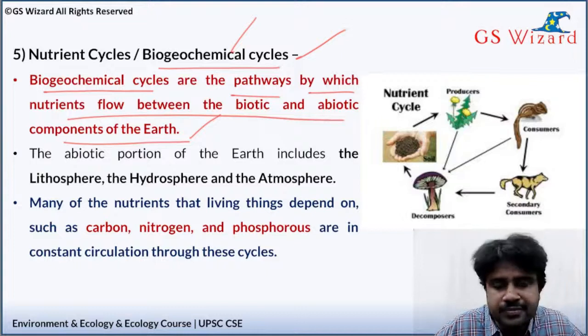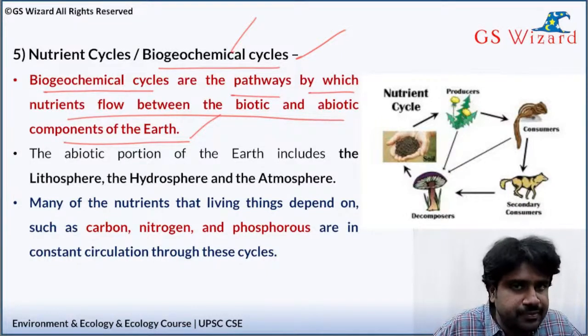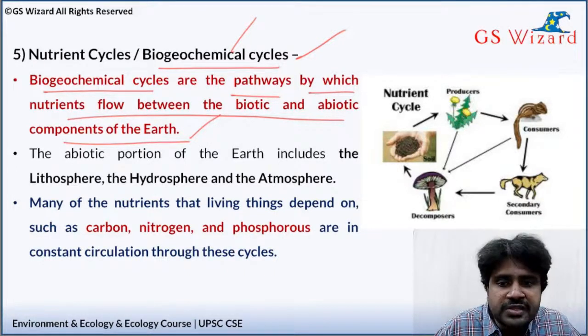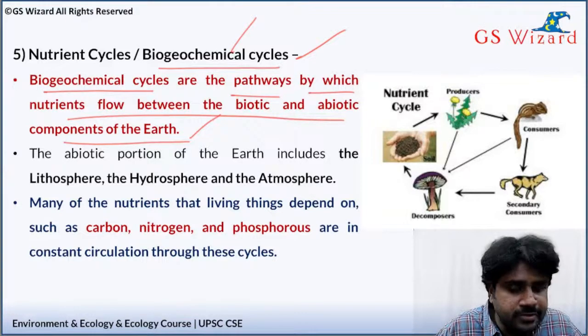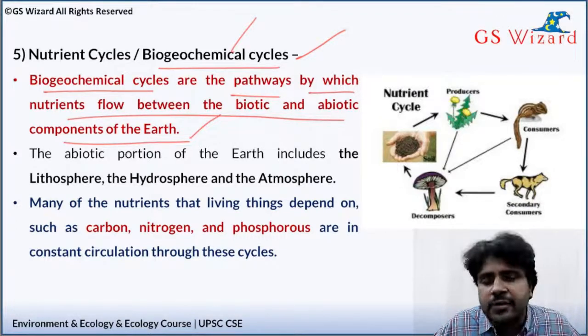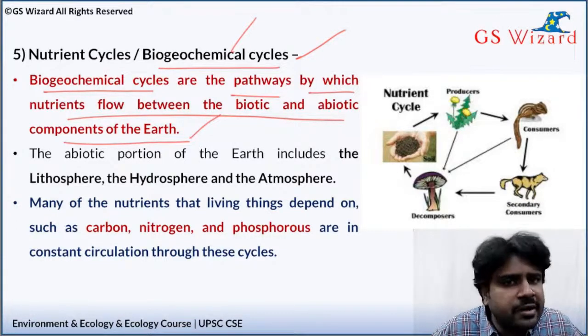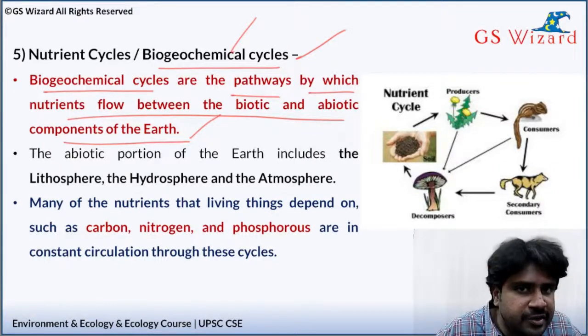It's very simple. Now, the amount of matter that is accessible to living organisms, or I can say the amount of nutrients that are accessible to living organisms, is finite. It is not infinite. Okay. Like for example, can any plant access the nutrients which are 1,000 kilometers deep inside the earth?